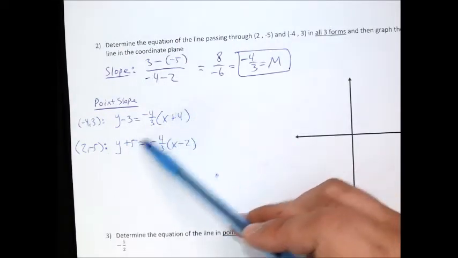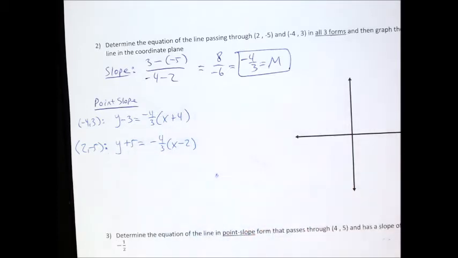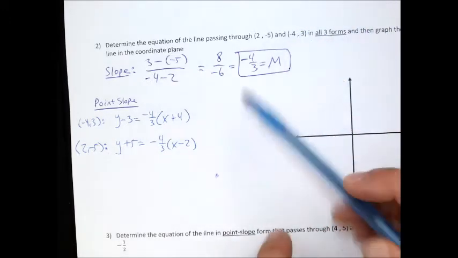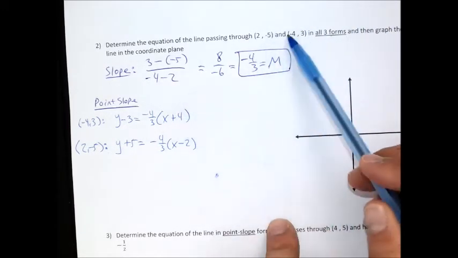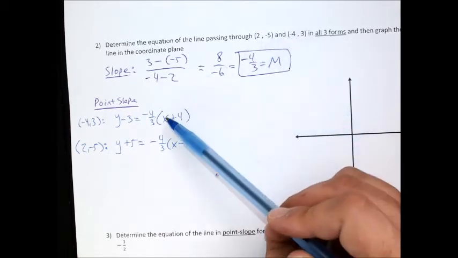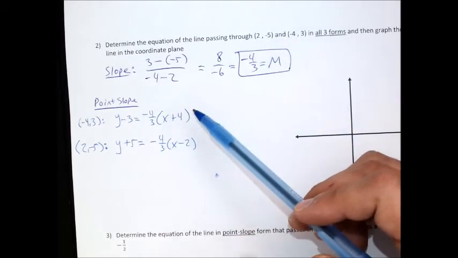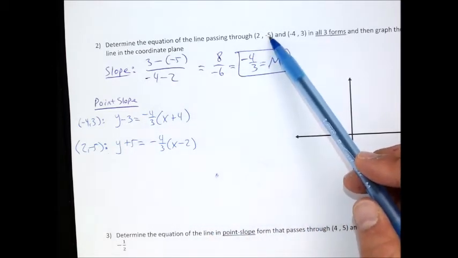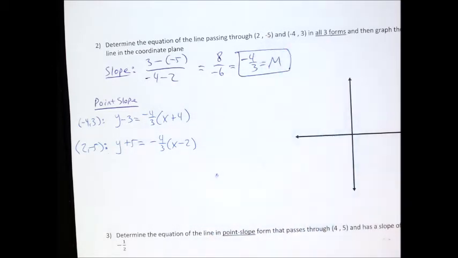Where did those pluses come from? Why are they not minuses? Those points were negative. Yeah, we did a minus. So the plus 4 came from the minus 4, because we had x minus minus 4. And then the plus 5 came from y minus minus 5. Is everyone okay?